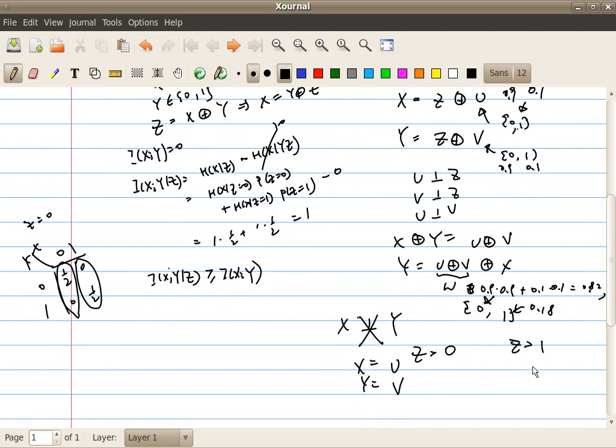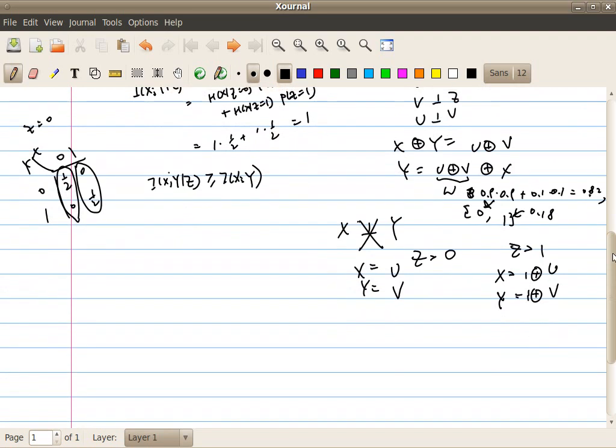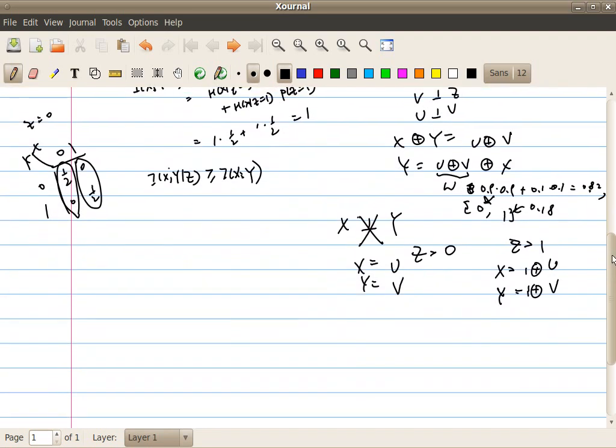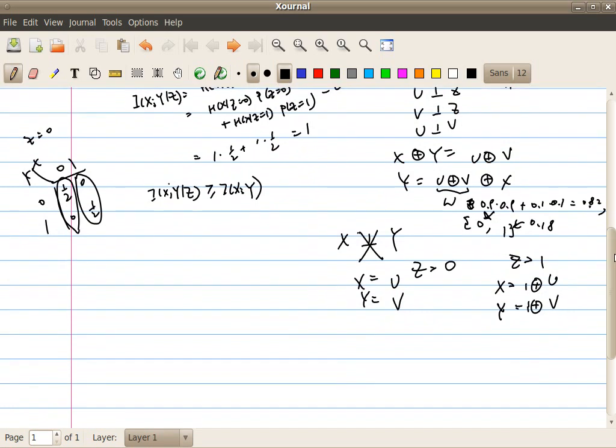If z is equal to 1, then x is just equal to 1 plus u, and y is equal to 1 plus v. Again, u and v are independent, so x and y will be independent. Because basically one is just flipping the two independent variables, and if they are independent at the beginning, after flipping them they are still independent of each other.